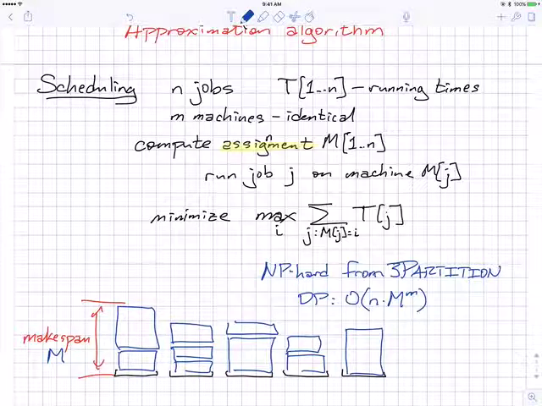Yeah? Is there an integer programming? There is. Right, because integer programming is NP-hard. We'll talk about integer programming a bit next week.